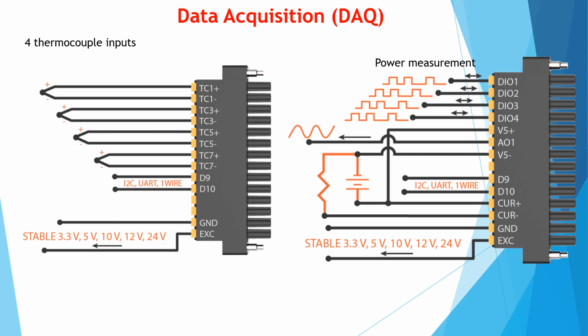In this course, we will talk about what type of sensor we can connect to the data acquisition and how we can do the wiring, such as how we can connect the thermocouple to the data acquisition, how we can connect a digital input, and how we can connect a digital output to data acquisition.